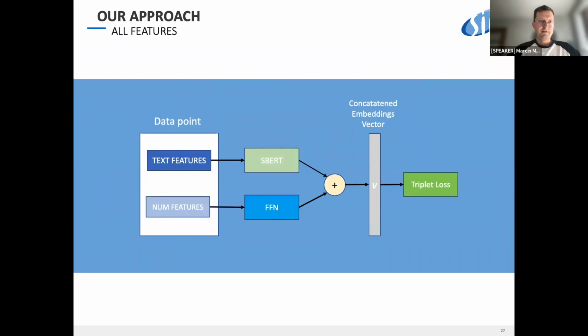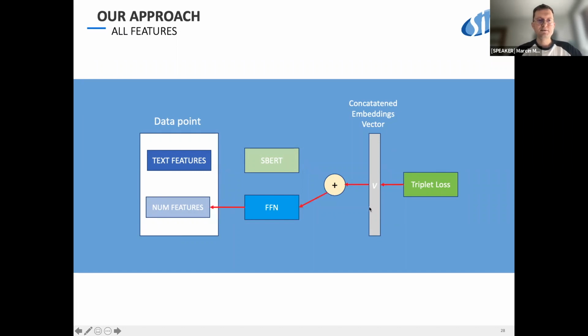In the next step, we moved towards the numeric features. And here, we simply run them through a few layers, a feed-forward network with non-linearity, and then concatenate the result with the result produced by SBERT for the text features. And we run triplet loss on such concatenated vectors.